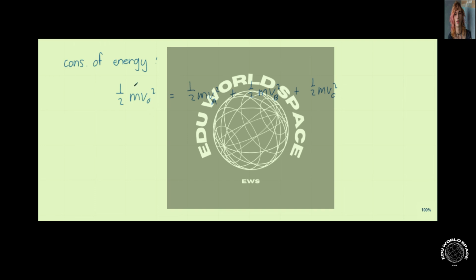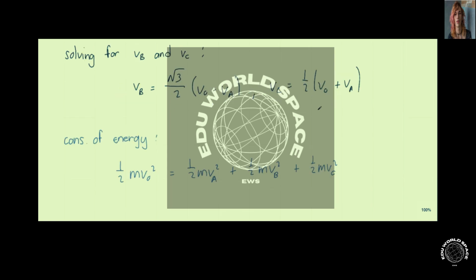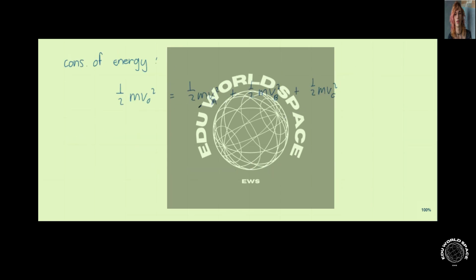So obviously we can divide both sides by a half m, and we substitute for VB and VC from above, and we're left with the following.